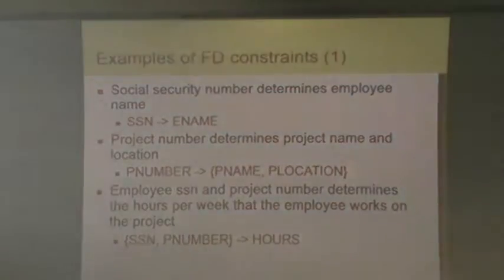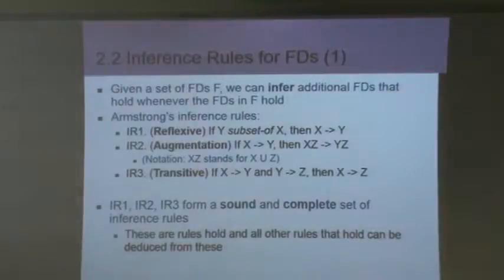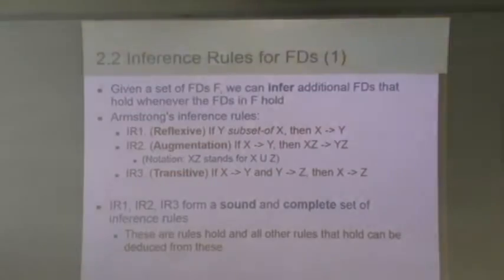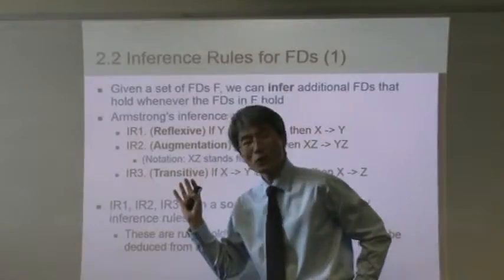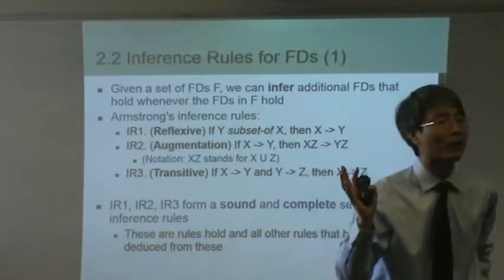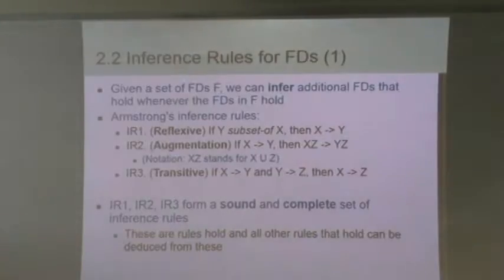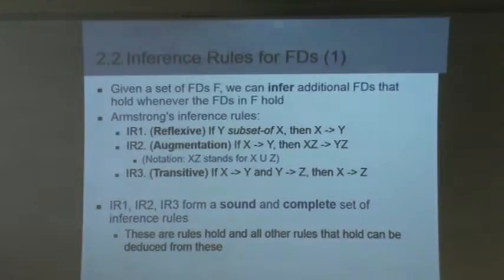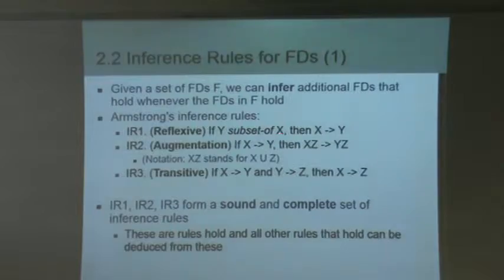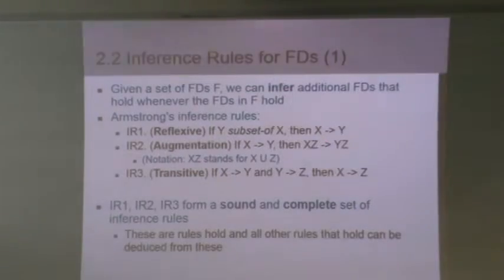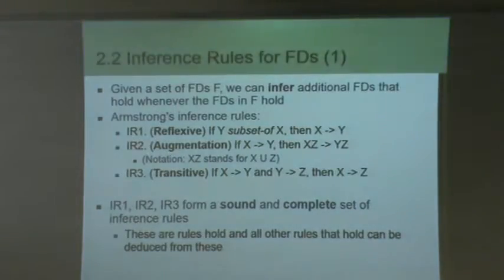There are a lot of mathematical approaches to define such a thing. Such a functional dependency has inference rules, which you have learned in set theory in your algebra course. Reflexive means if y is a subset of x, definitely x determines y, because y is a subset of x.